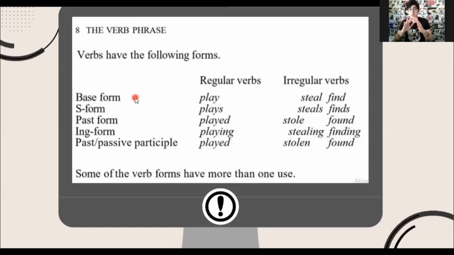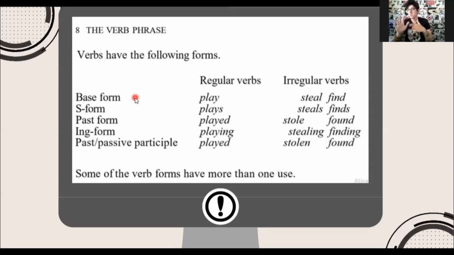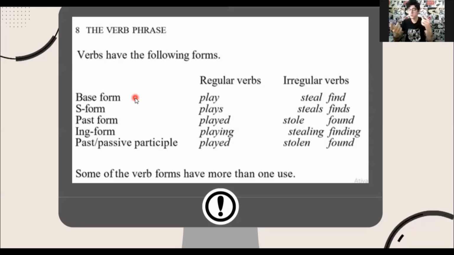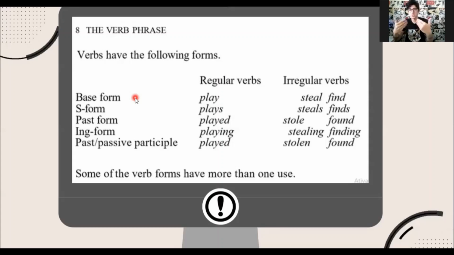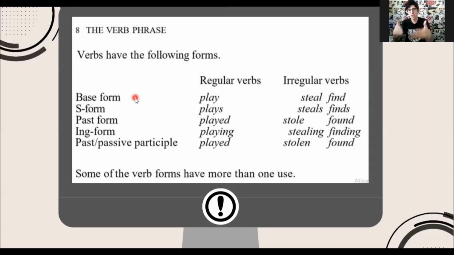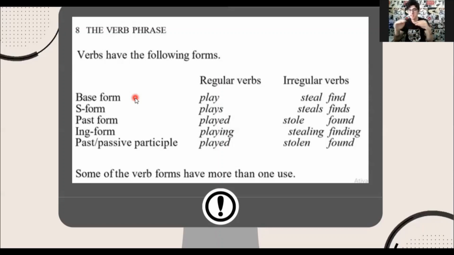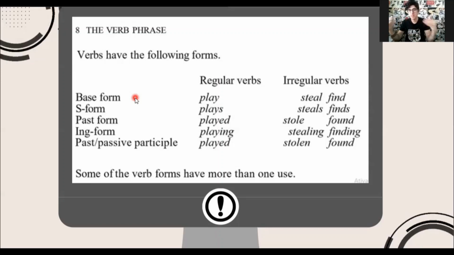So those are the 5 verb forms. The base form is not followed by a to, so there is no conjugation on the base form. No conjugation on the base form, just a naked verb.